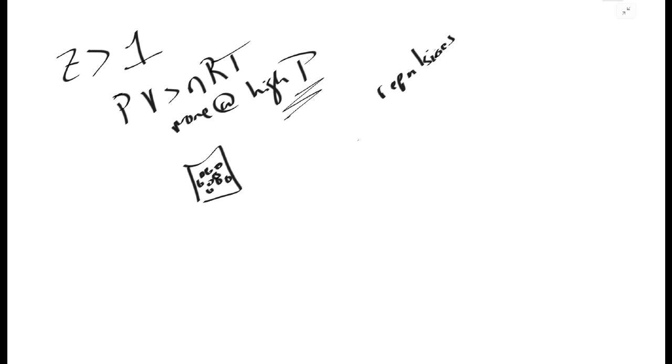The other thing you're getting is volume. Remember, another one of the laws of kinetic molecular theory is that particles don't take up space, or that the volume of the particles is negligible compared to the total volume of the container. And at high pressure, that's no longer true.